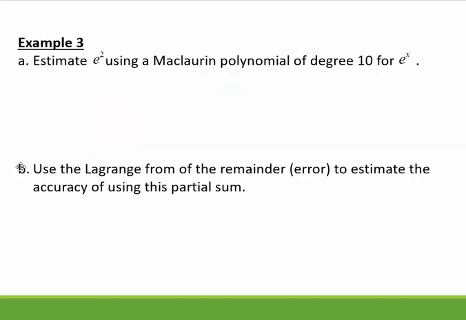Okay, so let's go through an example. Hopefully once I do an example, this will make sense. So estimate e to the second with the Maclaurin polynomial of degree 10. So e to the x is everybody in. That's my crazy way of remembering it.